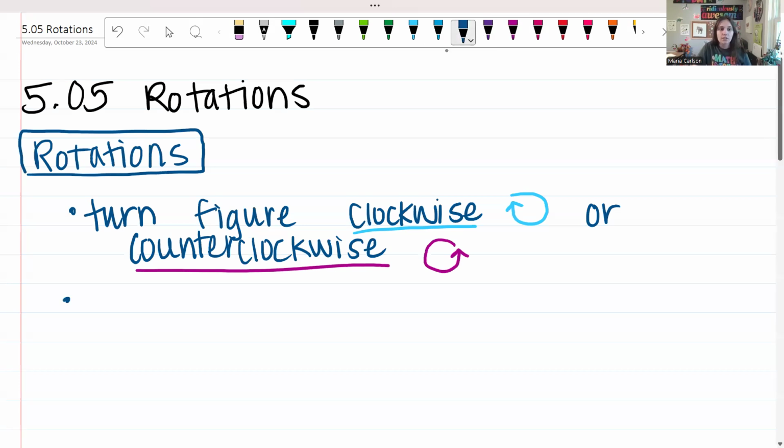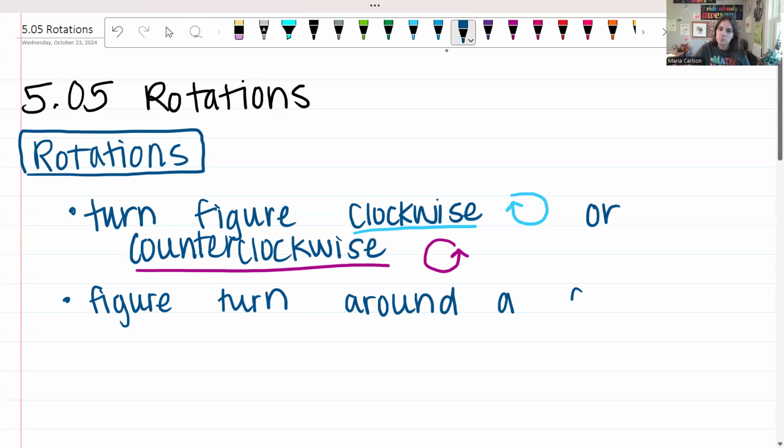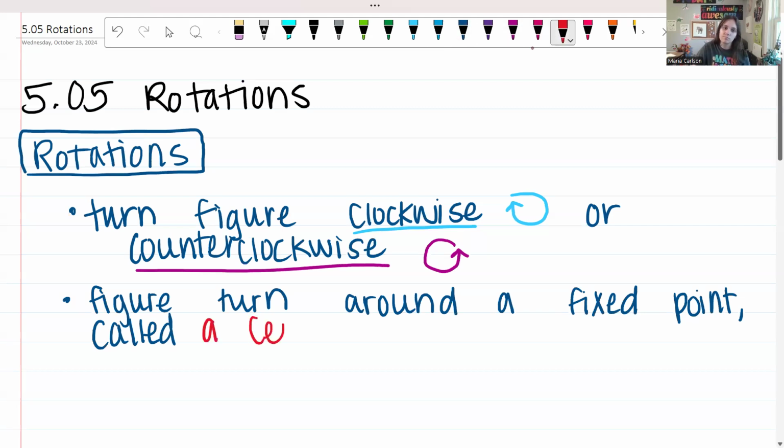And your figure is going to turn around some fixed point, which is called a center of rotation.